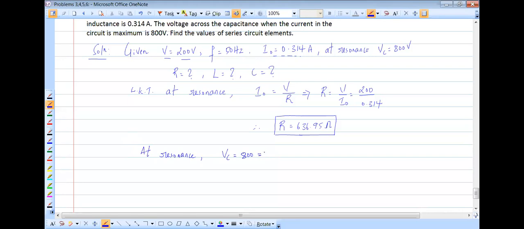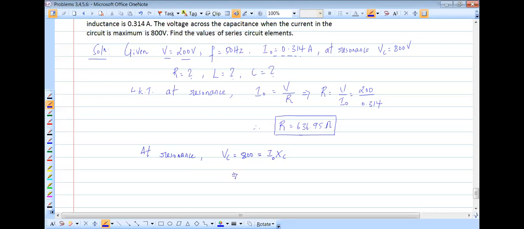VC means it is I into the reactance of the capacitance. Since we are talking about the resonance condition, this is I naught into XC. Understand that, everybody? VC we know is 800, I naught I know, so XC can be found out.